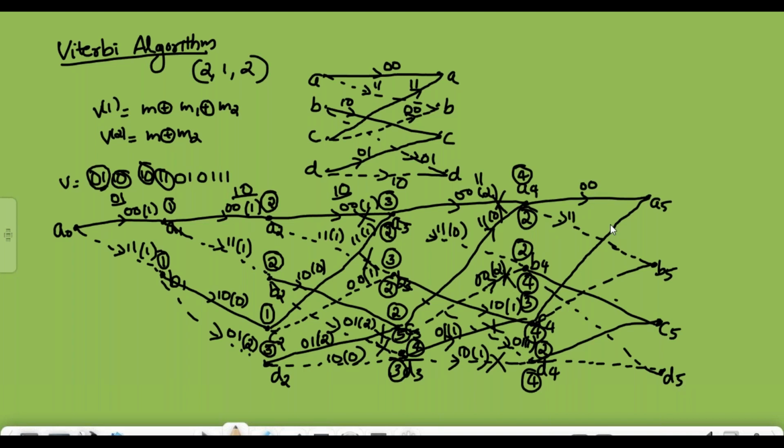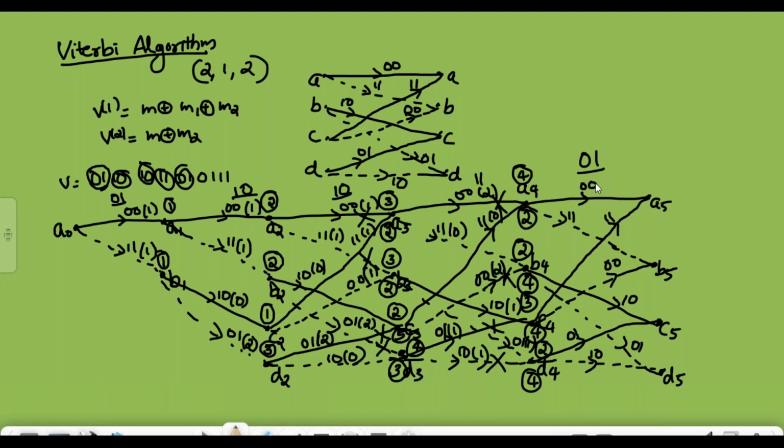Here it is 0 0. B to C it is 1 0. B to D it is 0 1. Then D to C it is 0 1. And D to D it is 1 0. Then take the next two bits, 0 1 here. 0 1 is the next two bits.